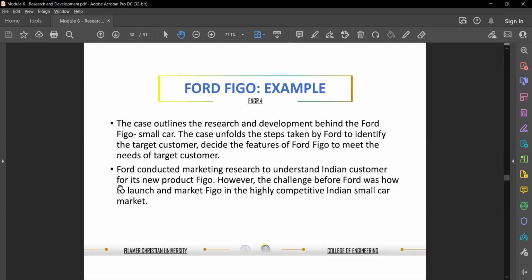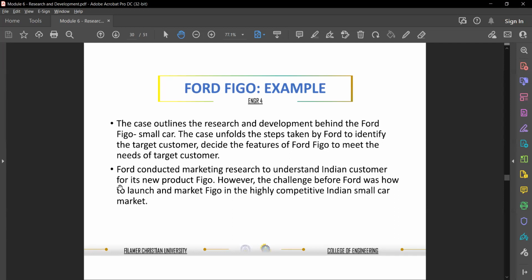So may market research sila. So Ford conducted market research to understand Indian customers for its new product Figo. So however, the challenge before Ford was how to launch and market Figo. Kasi I'm not sure no kung ito yung bansa na talagang isa lang yung monopolized, parang dito rin sa atin in terms of telco, monopolized ng PLDT before nung wala pang Globe.